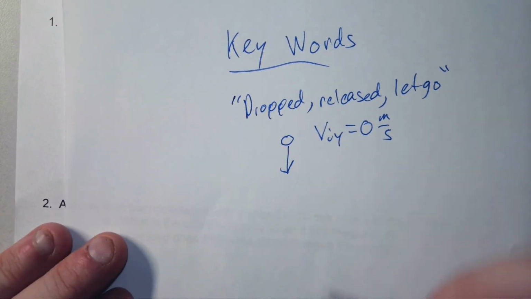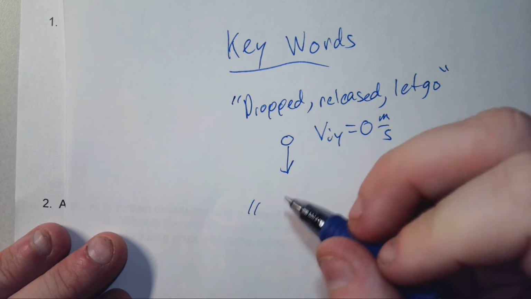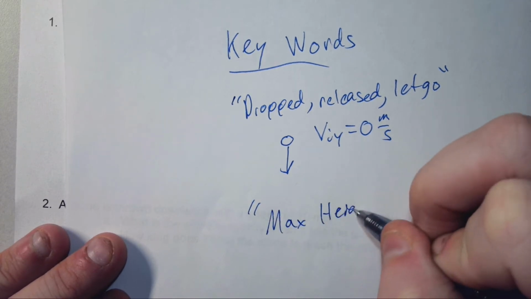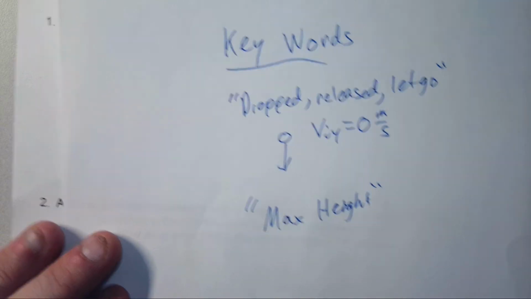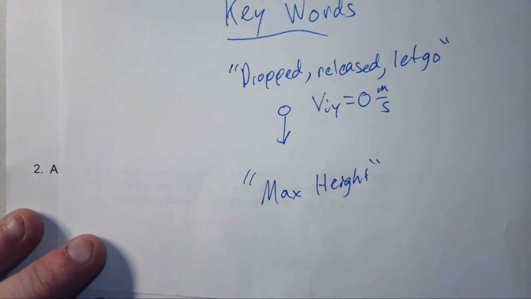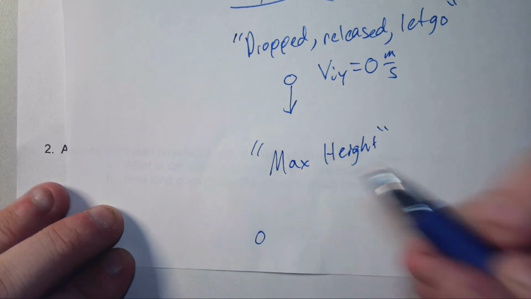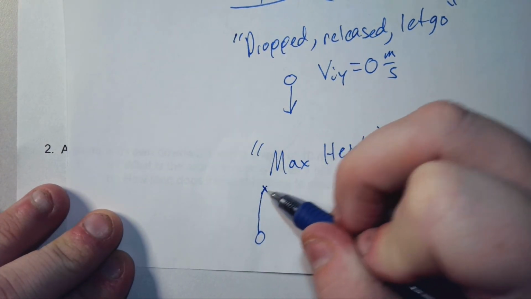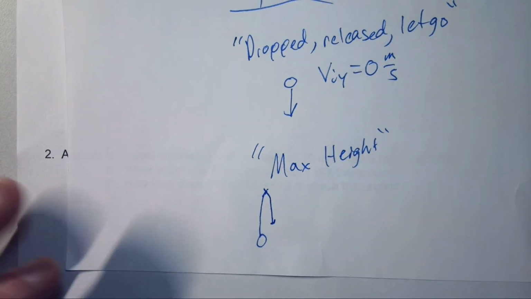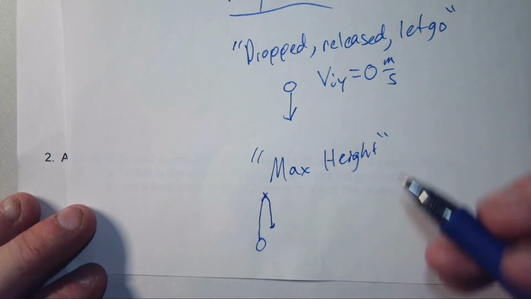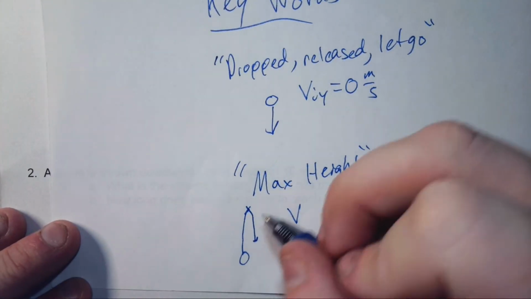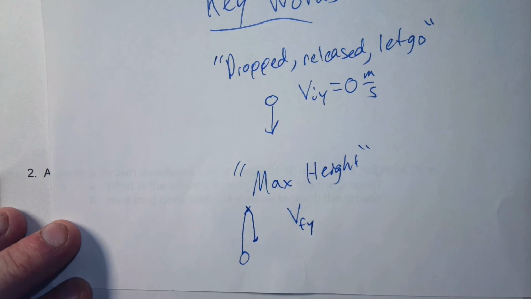The other one that will come up in a later video is the term max height, or greatest height, or how high does it go. Anything talking about as high as something goes. If I throw an object up in the air and it reaches its max height and then starts coming down, we know something about the final velocity at that point.